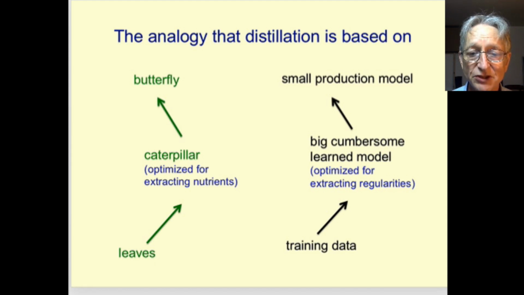They make it easy to extract the regularities, but they're very cumbersome. They don't give us a small production model. And so the solution is to do what the insect does, which is metamorphose. Take the larval stage, and from that build something quite different. Distillation is doing that in machine learning.